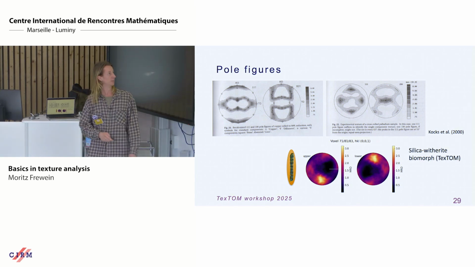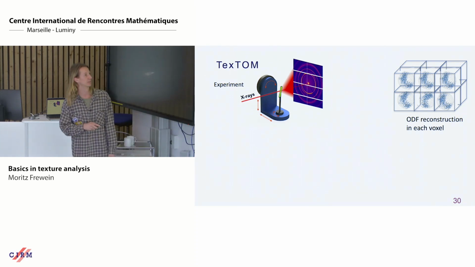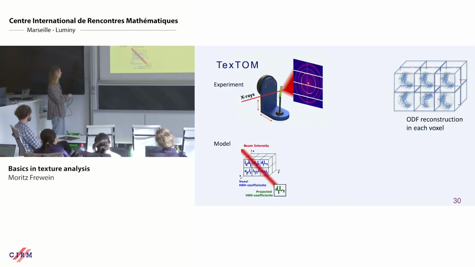And with this, I want to conclude. I will just give you a quick overview again of this reconstruction workflow. So we have our experiment, and from these diffraction patterns, from all the different orientations and translations, we want to reconstruct an ODF in each voxel of our sample. So here's where our model comes in. We define the coefficients of all the hyperspherical harmonics in each voxel.